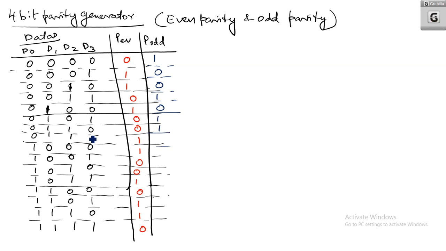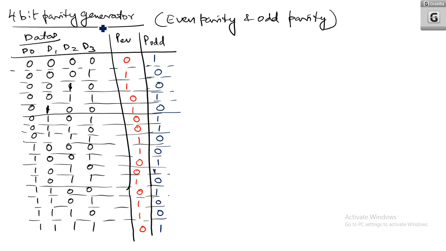Here there are 3, so nothing is required. 1, 0, 0, 1: one more required. 1, 0, 1, 0: 2 ones, one more required. Then 1, 1, 1: nothing is required. 1, 1, 0: 1 is required. 1, 1, 0, 1: nothing is required. 1, 1, 1, 0: nothing is required. 4 ones, so you need to have one more one. Okay, so that is regarding odd parity.